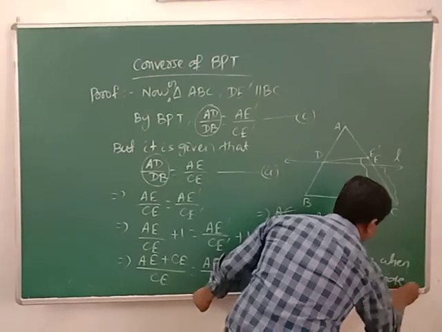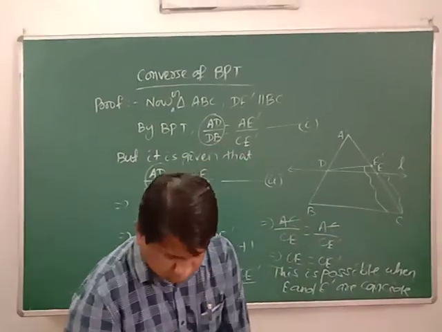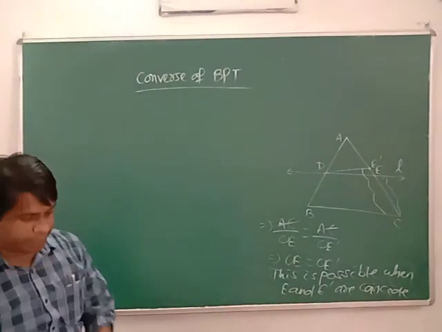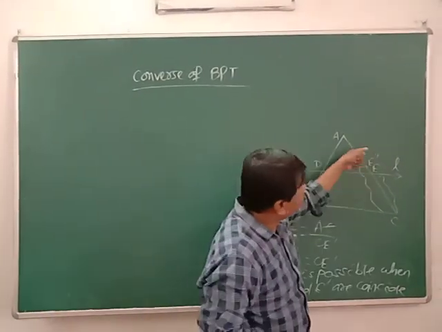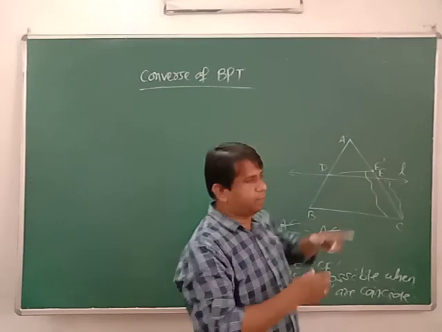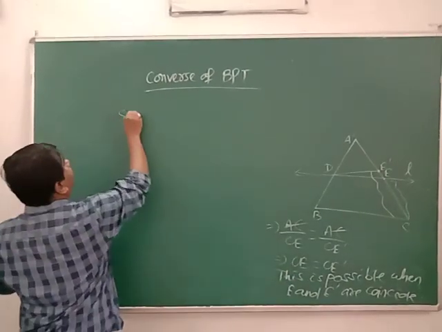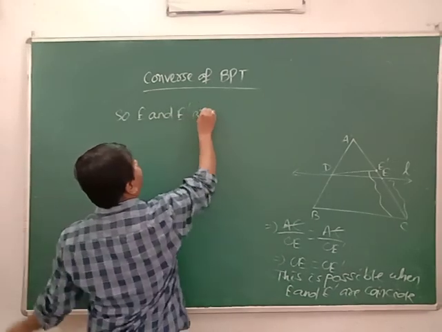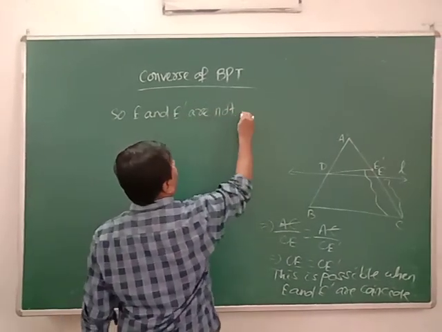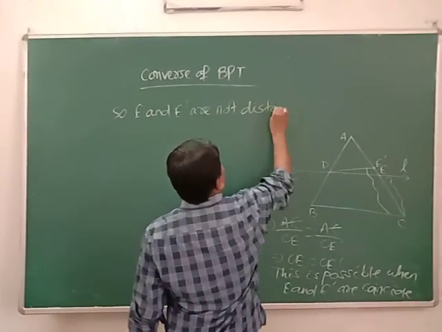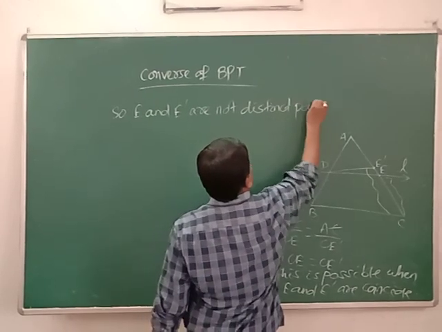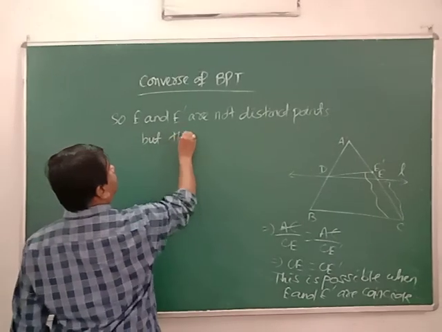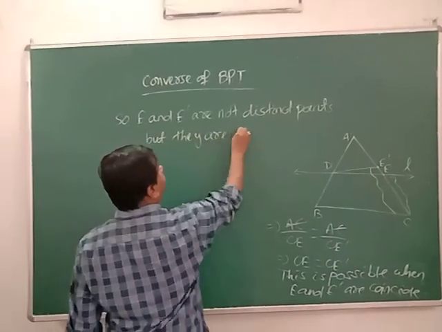Coincide means they are the same point. So E and E dash are not distinct points, they are not different points, but the same point.